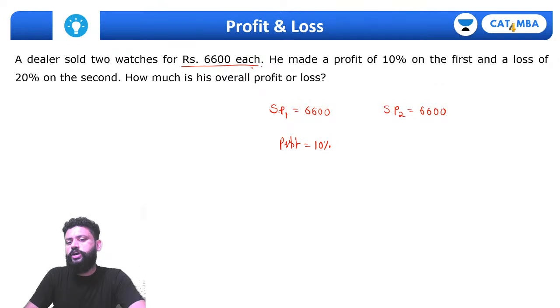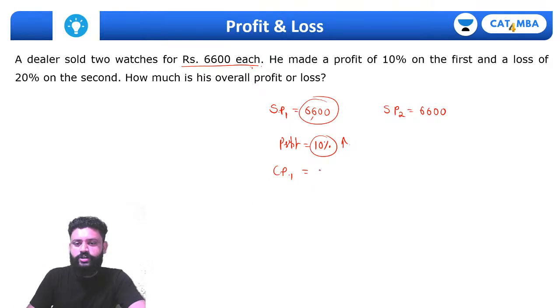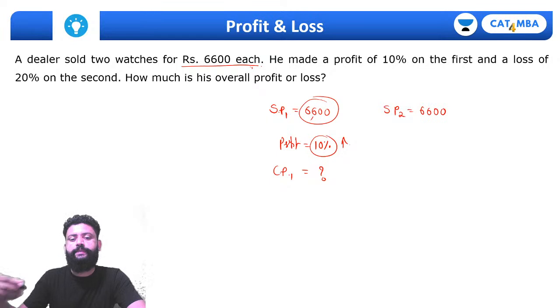One thing I can surely say, अगर 10% प्रॉफिट हुआ है तो ऑफकोर्स उसका कॉस्ट प्राइस कम रहा होगा, right Jagu? कॉस्ट प्राइस कम होगा, मतलब ये जो वॉच है उसने 6,600 से कम में खरीदी है। You need to tell me what is the cost price of the first. Shivam, Jagu, Abhishek, quickly tell me. You all know how to calculate it now, क्योंकि ऑलरेडी हम यहाँ पे 5-6 क्वेश्चंस कर चुके हैं स्टार्टिंग फ्रॉम द सेशन टुडे.